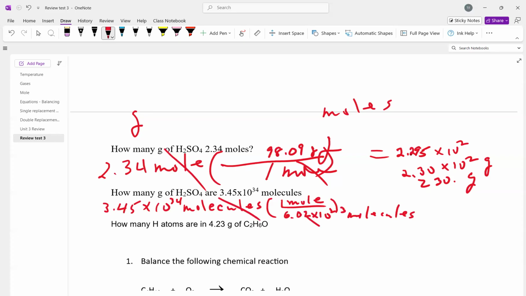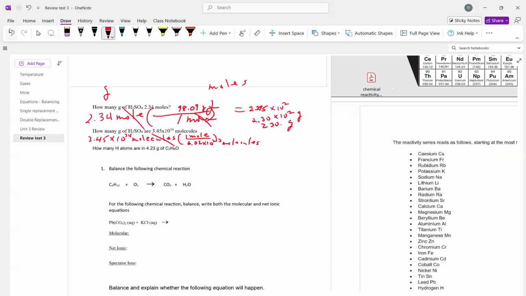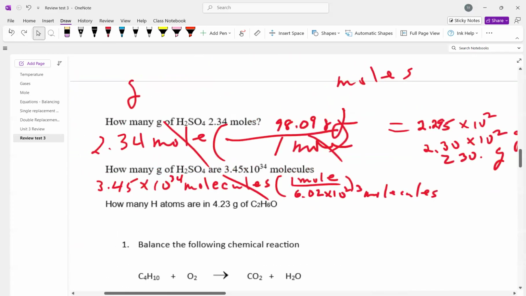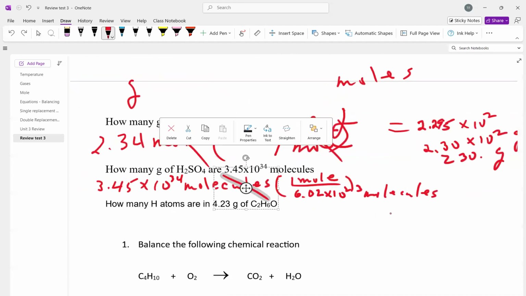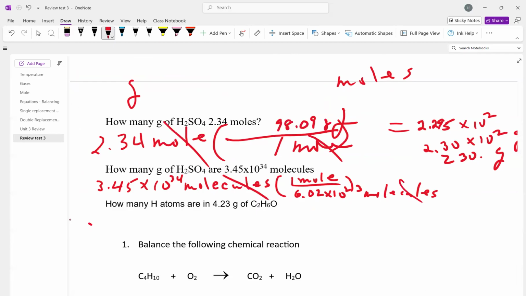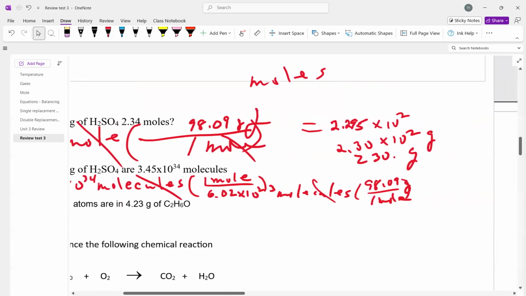Okay. Now we have moles. Now we need to go to grams per mole, which is our 98.09. So moles cancel, gives us grams.